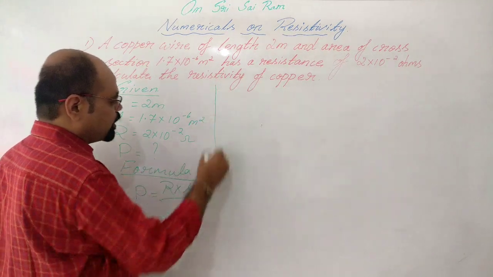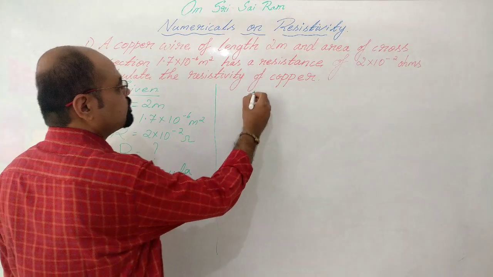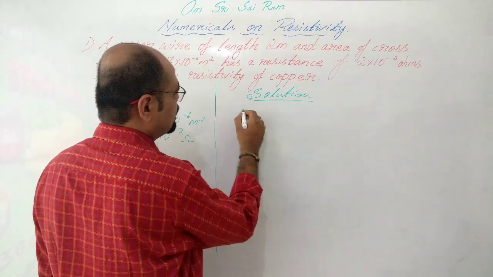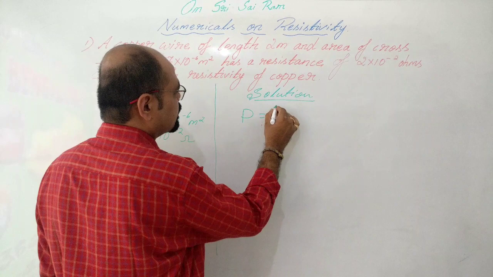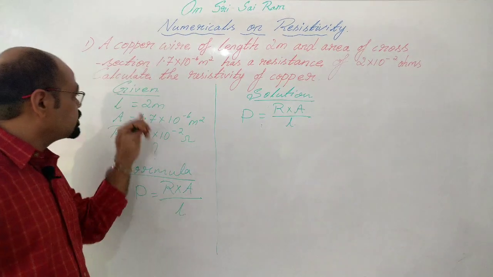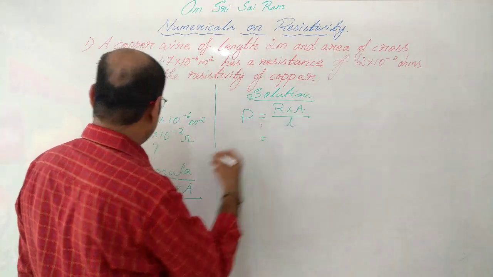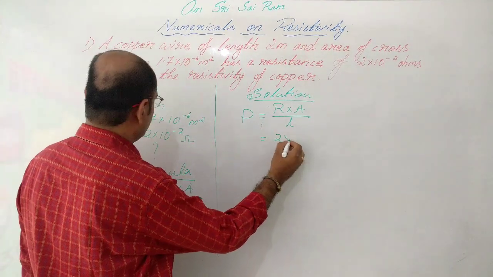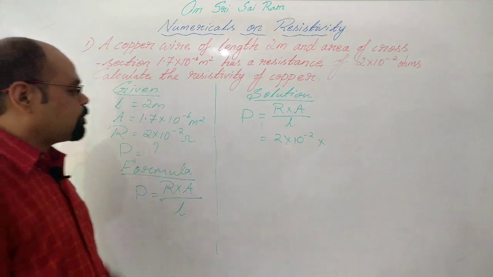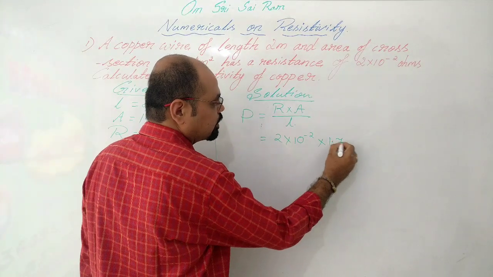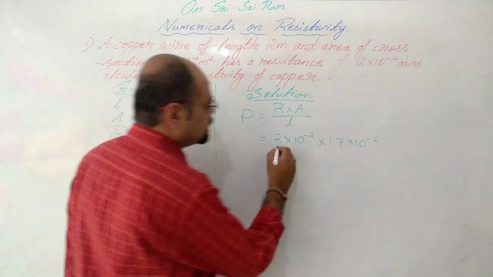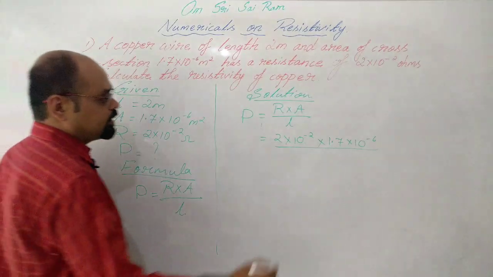Now moving on to the solution. Let's write the formula: rho = R × A / L. We substitute the values: resistance is 2 × 10^-2, the area of cross section is 1.7 × 10^-6, divided by the length, 2 meters.